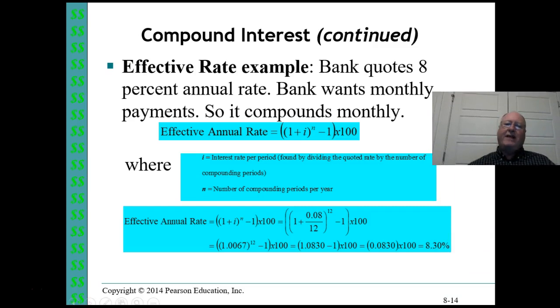Because that 8% that's being broken out monthly is over time, with the compounding effect, you actually wind up paying an effective annual rate of 8.3%. So it's important for you to just understand, when you are seeing interest rates that are being quoted, that there may be a difference between the quoted rate and the effective interest rate on an annualized basis.